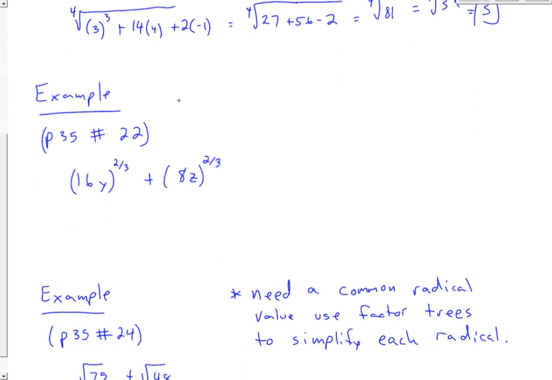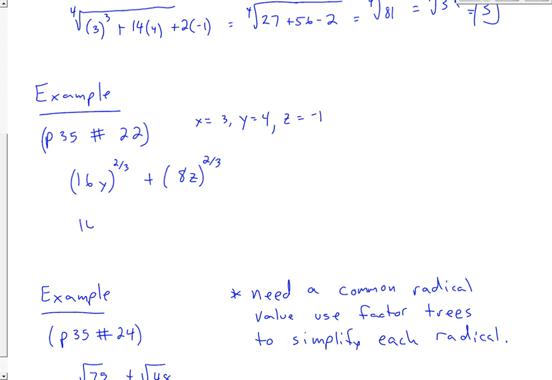Looking at this next example, which is number 22 from page 35, we have 16 times y to the 2/3 plus 8 times z to the 2/3. Again, we are using x equals 3, y equals 4, and z equals negative 1.